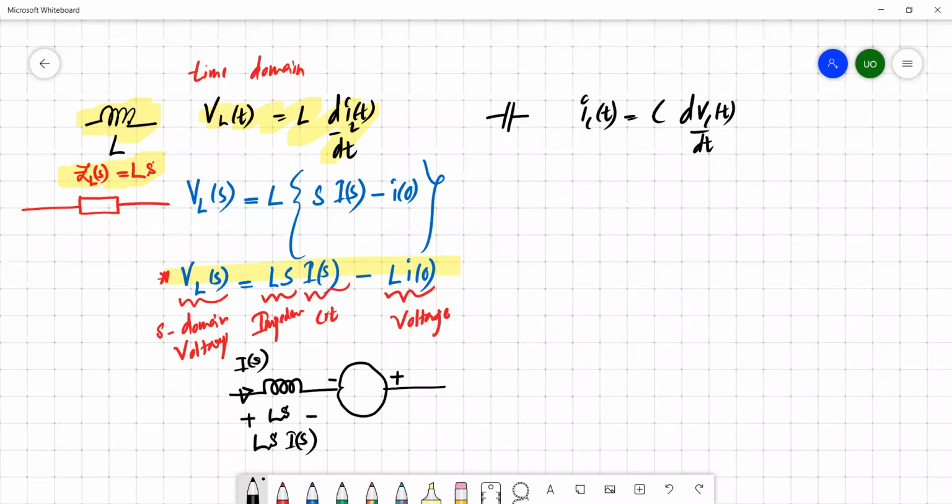The value of this source is I0 times L. So then if you evaluate the entire voltage drop across this block, this is the inductor in S domain.